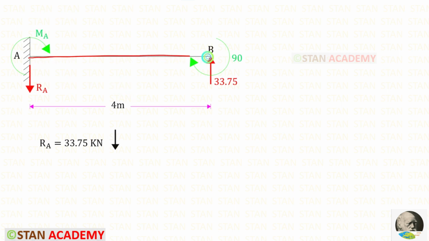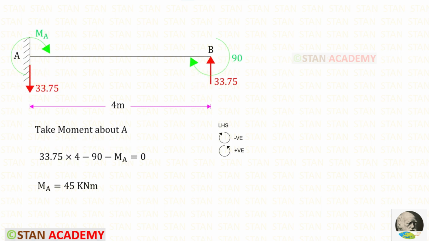In the span AB, there is no load. In this case, the values of RB1 and RA will be the same, but they will be in opposite directions. Since RB1 is acting in the upward direction, RA should be acting in the downward direction. Now let us take a moment about A and find MA.